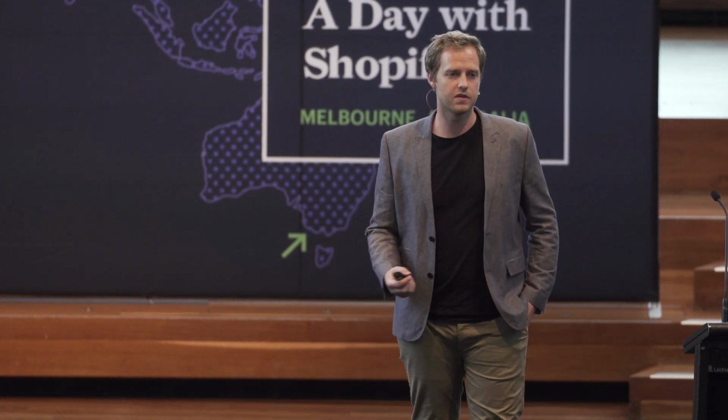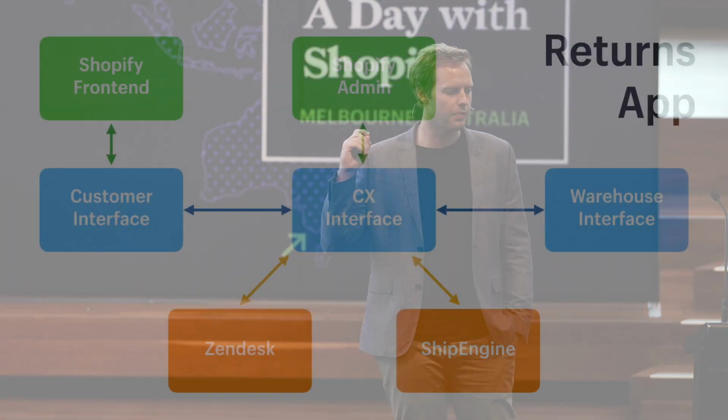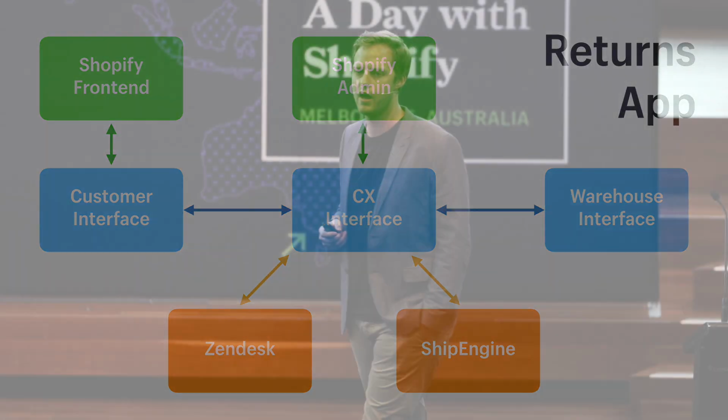To give you some examples of the sorts of things that we've done that fit into this category, this is an architecture diagram for a returns app that we built for a client. Returns itself is not built into the Shopify platform, and some of the apps in the App Store do 70% of what this client needed, but they had a very specific process they wanted to take their returns through.